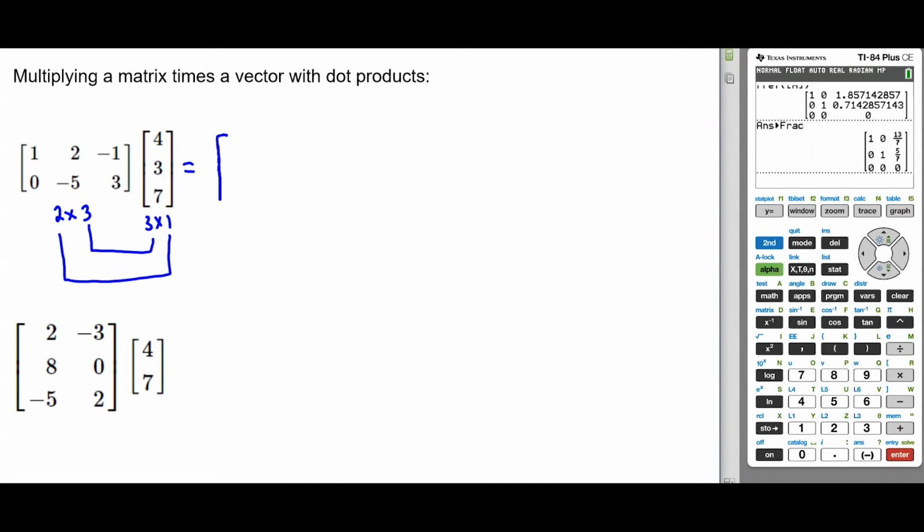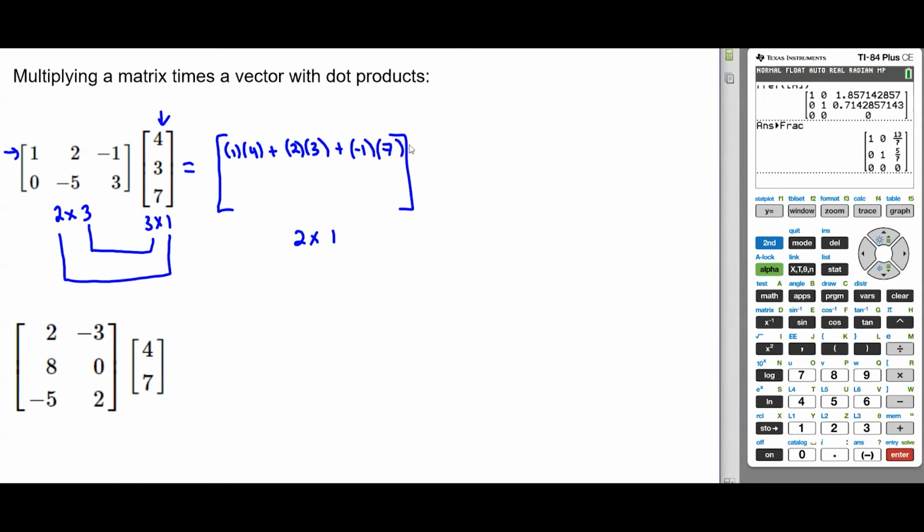So I'm going to give myself some room to do the dot products, but this is a 2 by 1 vector here. The first entry is the first row dot product with that vector. So you multiply the corresponding entries, so 1 times 4, and then you add them together, 2 times 3, and -1 times 7.